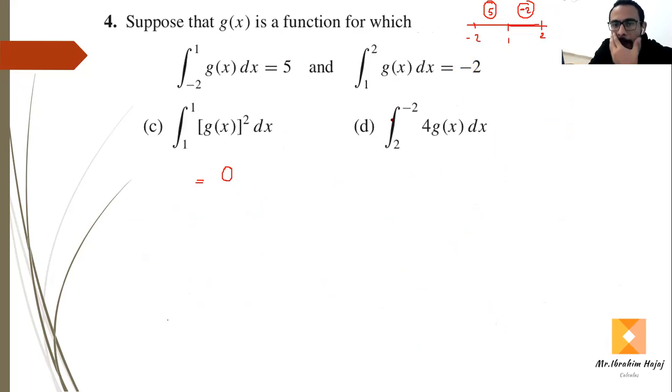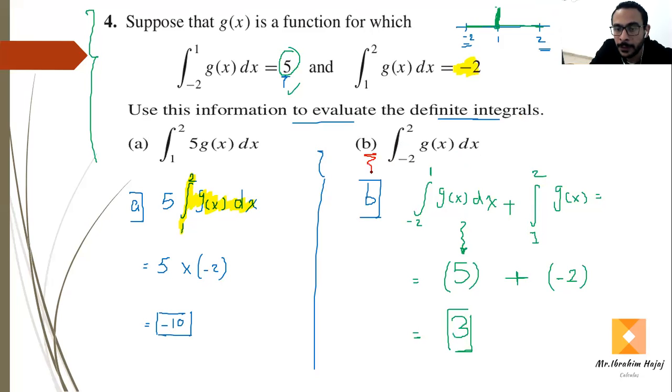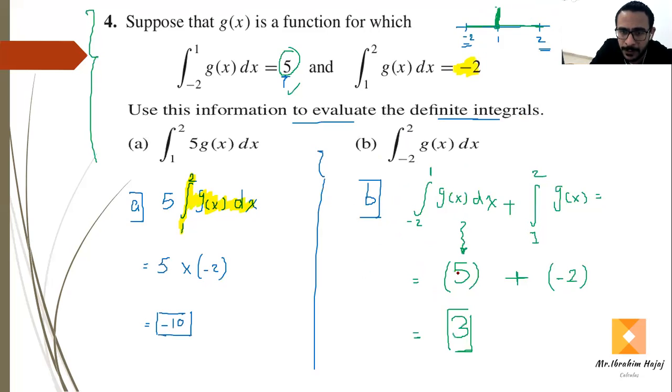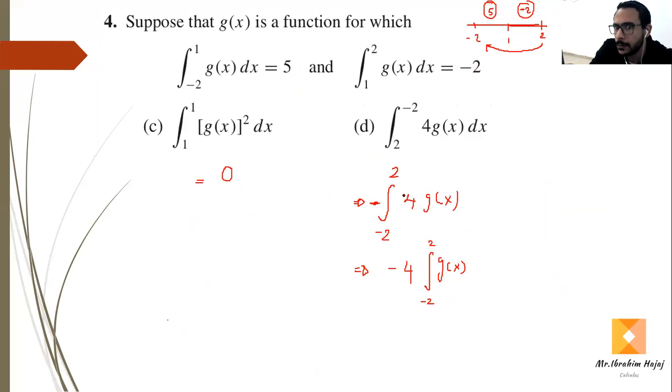And letter D, from 2 to -2. From -2 to 2 in letter B was 3. So we can rewrite it by flipping the positions of 2 and -2 and putting a negative sign outside. So it's -4, sorry, it's -1 times the integral from -2 to 2 of the function from the previous part. Why did the negative come out?